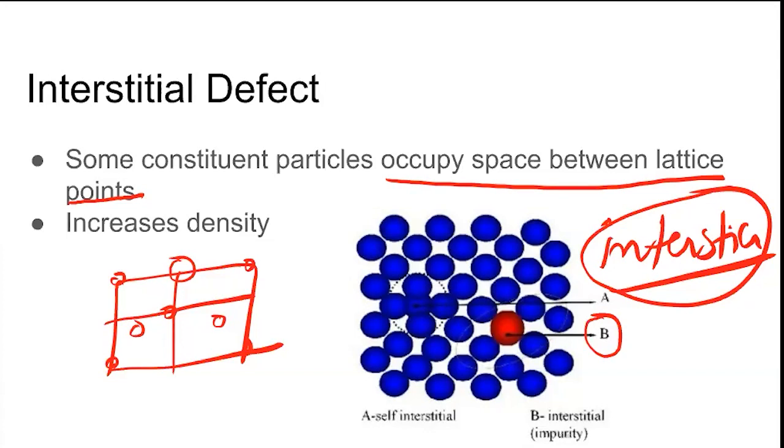If it is a foreign atom, then it will be called an impurity. But impurity doesn't only have a negative connotation. It has a very positive effect as well, as you will see later while studying the electronic properties. Okay.